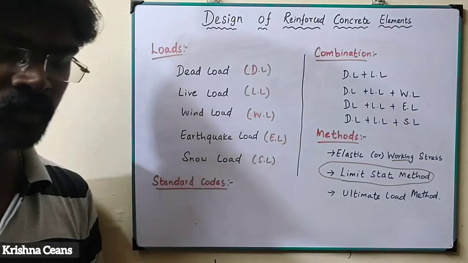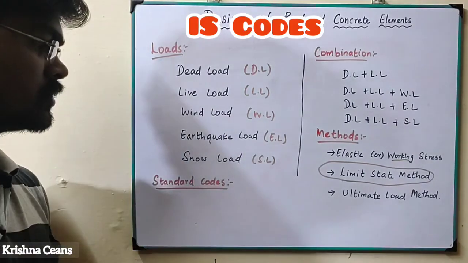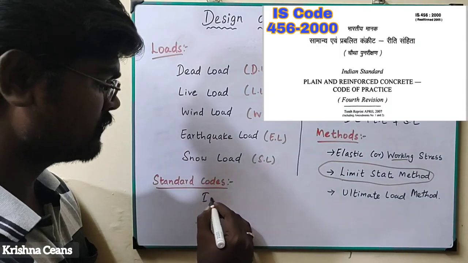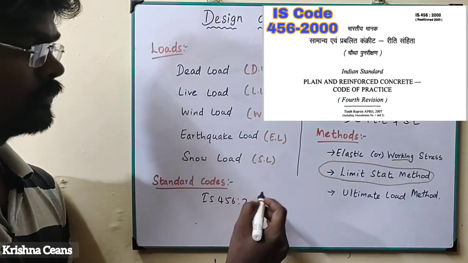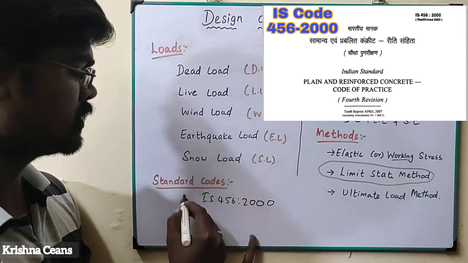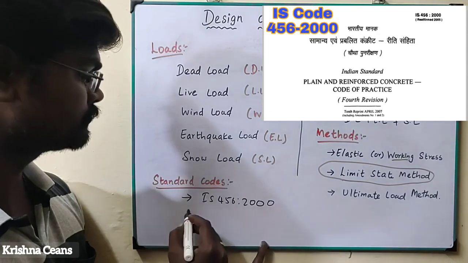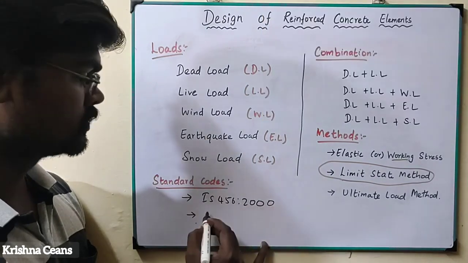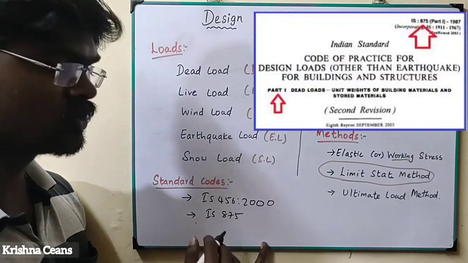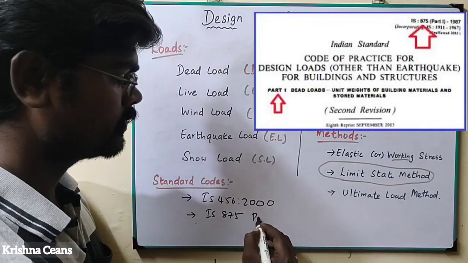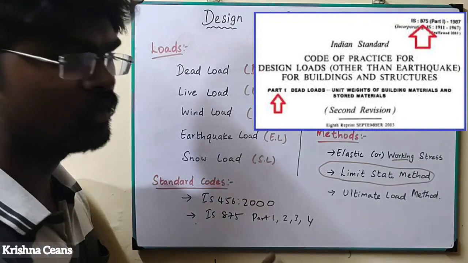What are the standard codes used for the design of elements? Number one is IS 456:2000, which we always use for the design of RCC concrete. Next is IS 875. This code has part 1, part 2, part 3, part 4, and so on.